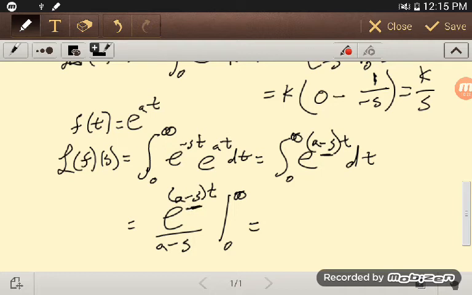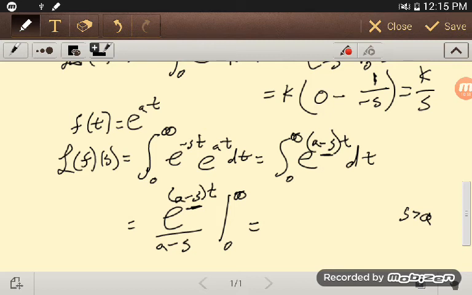So look here, you've got a minus s. That needs to be negative in order for us to put infinity in for t and get a nice number. Okay, and so we're going to put this out here, that we need s to be bigger than a. So I'll put that over here. s is greater than a.